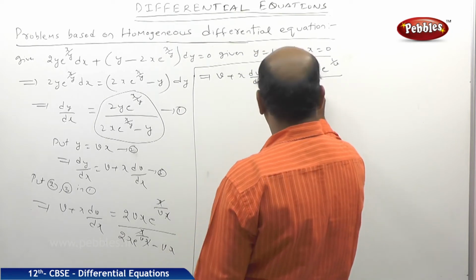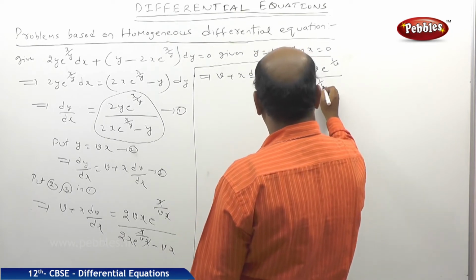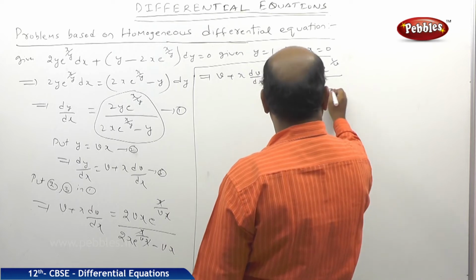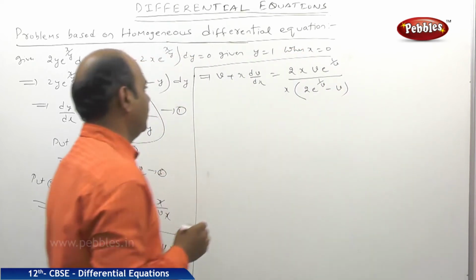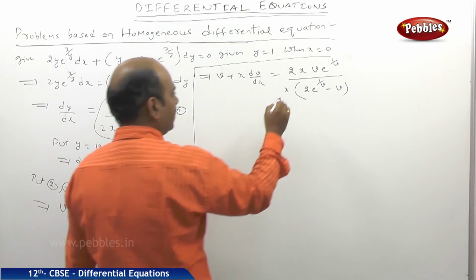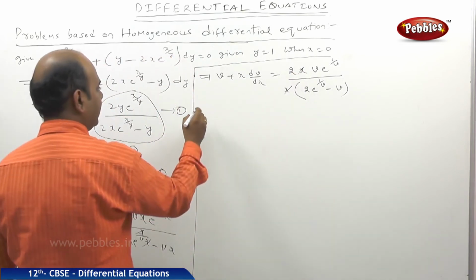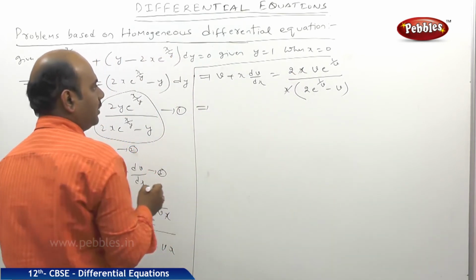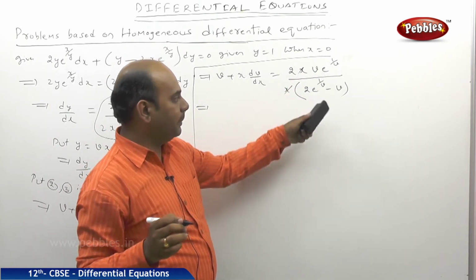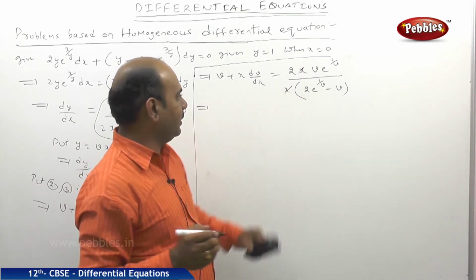If I take x common, there remains 2 e power 1 by v minus v. See how beautifully the calculation is coming. I think x, x will be getting cancelled. Finally, there remains 2v e power 1 by v upon 2 e power 1 by v minus v.